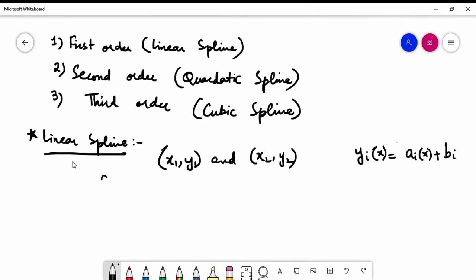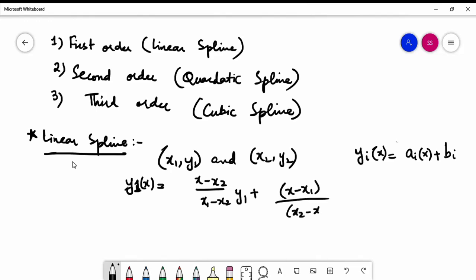If I want to construct this in order, then y1 of x is equal to (x minus x2) over (x1 minus x2) into y1 plus (x minus x1) over (x2 minus x1) into y2.